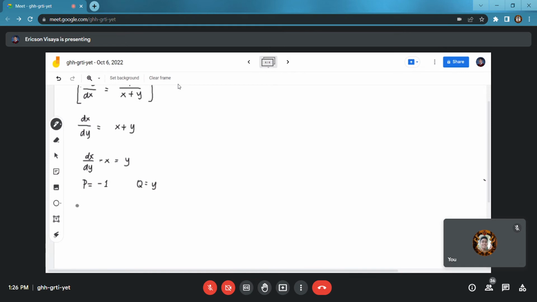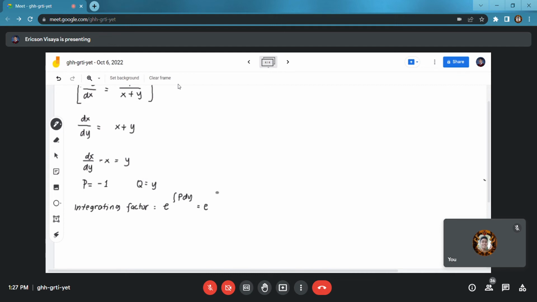Next, we get our integrating factor, IF. That is equal to e raised to the integral of P dy, since our dependent variable is x.